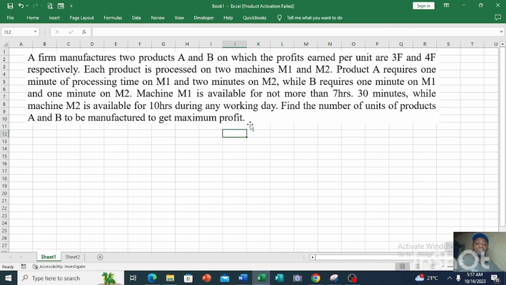So there are several approaches. Either we use the graphical method or we don't use the graphical method. The highest thing is that we should arrive at the required destination.